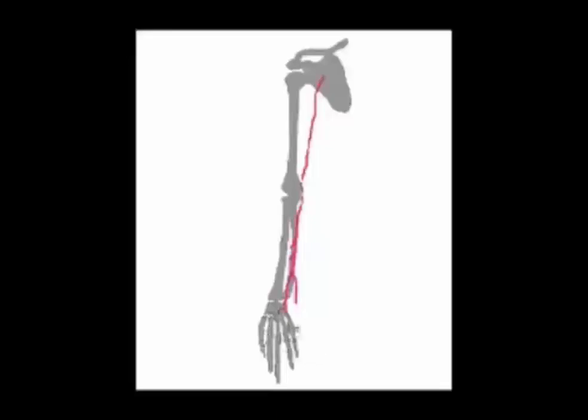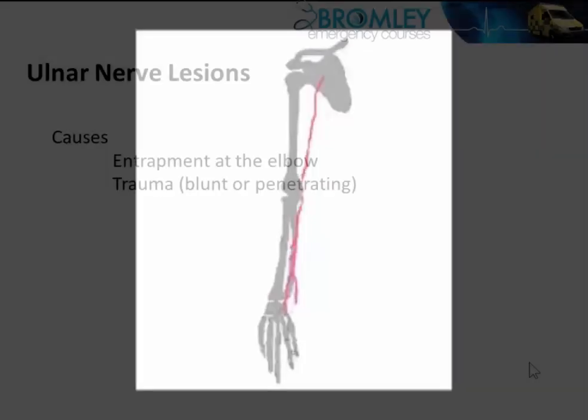It's also responsible for the sensation over the medial 1.5 fingers, the little finger and the medial half of the ring finger. And of course it's responsible on both sides, but we've already talked about how the dorsal sensory supply comes off earlier, from above the wrist.